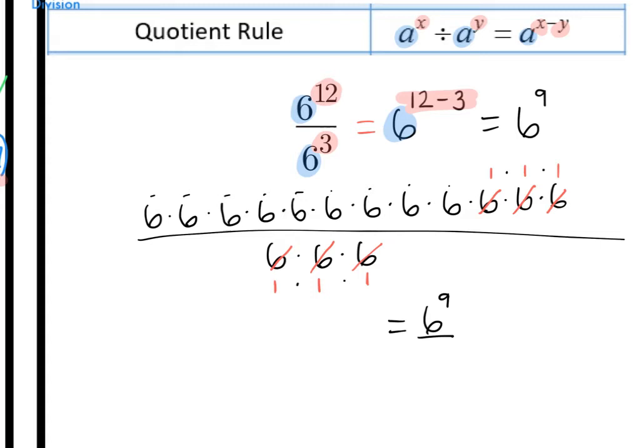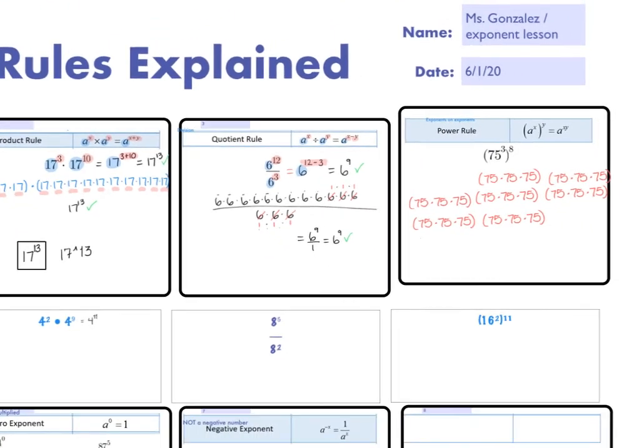And then at the bottom we have 1 times 1 times 1 and no 6's left, so that's just 1. But remember that anything divided by 1 is just itself, so I don't actually need that denominator, and I'm just left with 6 to the 9th power. Again, these are exactly the same and makes sense with all my rules.